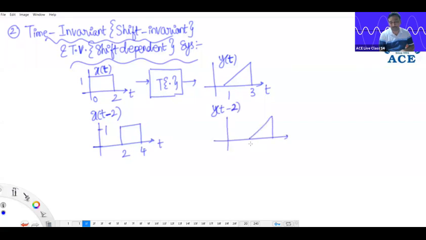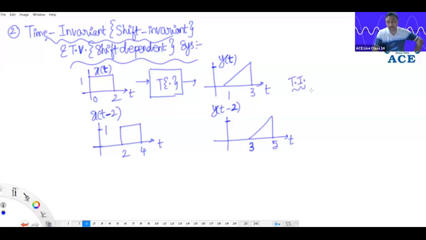If you get other than this delay, or if there is a deviation in the shape of the output, then the considered system is a variant system. Whatever shift occurs in the input, the same shift must occur in the output.